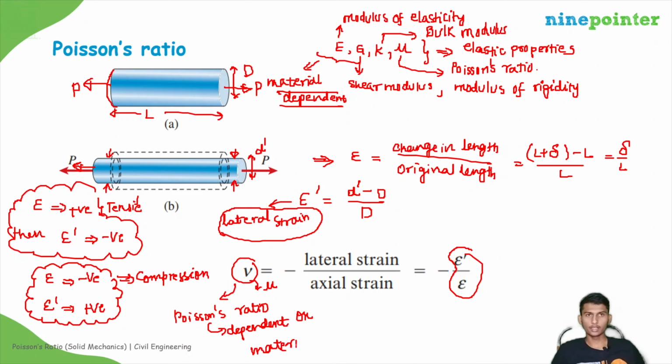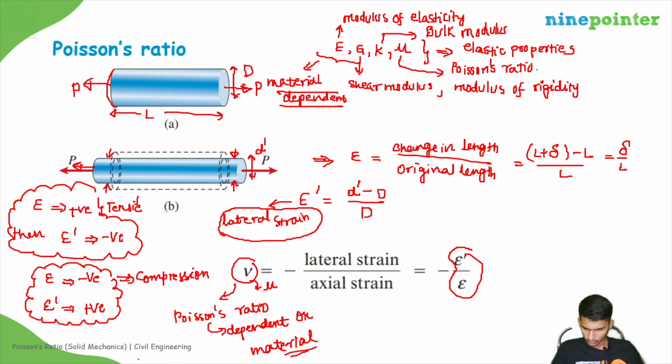So it is a material property. Okay. So for a given material, there is a fixed value of mu. For a homogeneous and isotropic material, there will be a fixed value of Poisson's ratio throughout the element. So if you apply some axial strain, then lateral strain will be according to the axial strain, because the ratio of lateral strain and axial strain will be equal to Poisson's ratio.